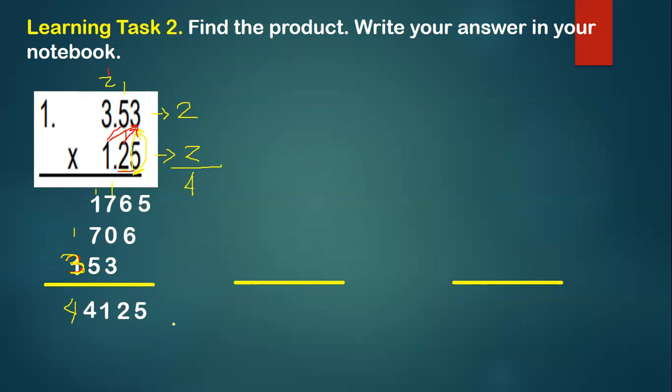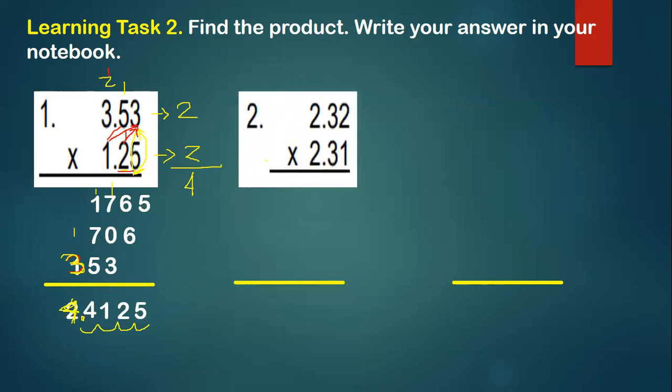Ibig sabihin, sa ating product, mag-move tayo ng 4 decimal places to the left. So this is 1, 2, 3, 4. So the decimal point is here. Okay? Ayun. So mali ito, this is 4. Palitan natin yan. That is a typo. Okay, next tayo.